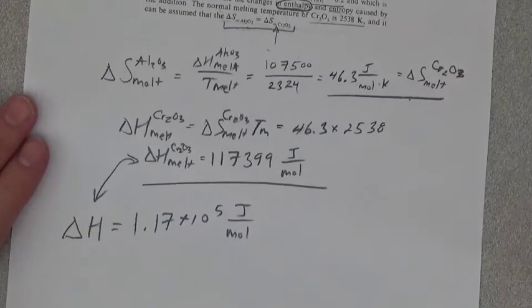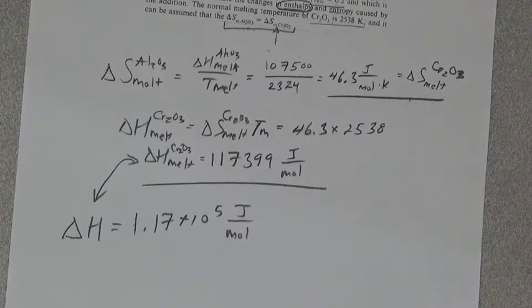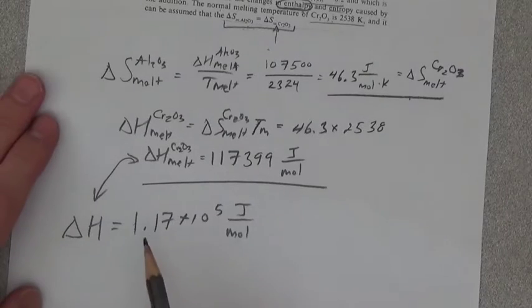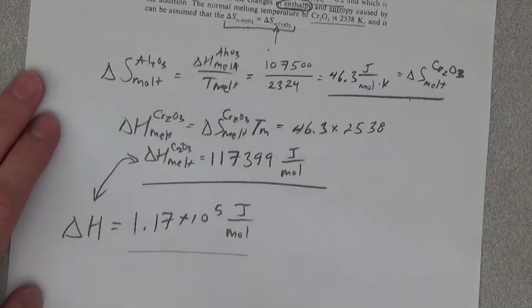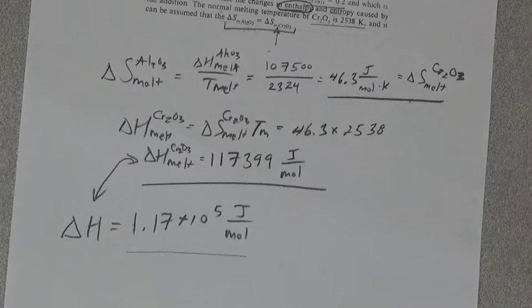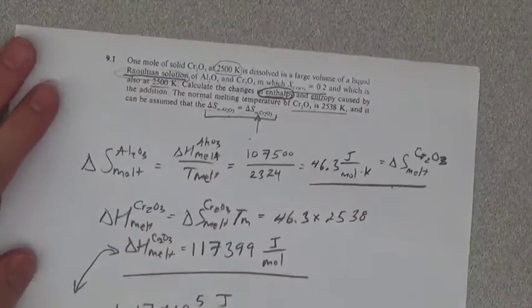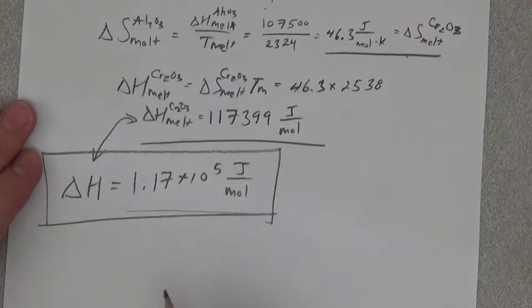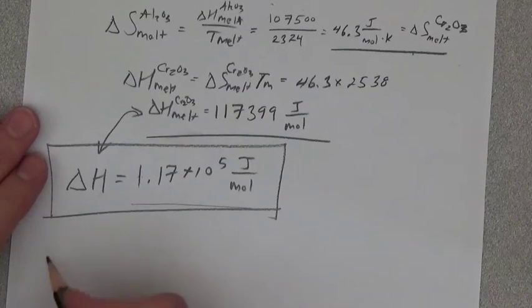Basically, we're saying that when the chromia is put into the solution, there is a change due to it melting, but there's no change due to the intermixing, because by definition it doesn't interact. So that gives us the enthalpy.